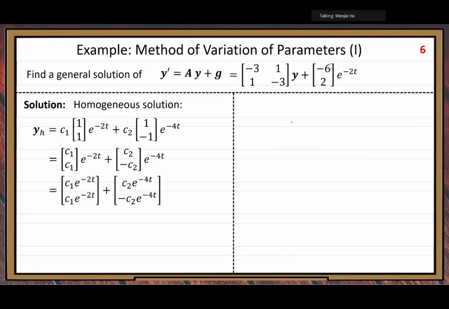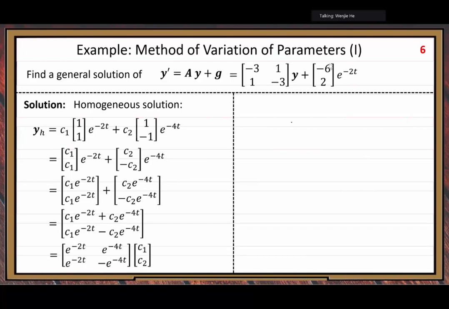Here, we have the same situation. We have the constant coefficient for the general solution of the homogeneous part. But we can write it as a vector and a matrix. So now, we need to change the constant object to a function object, a variational object.